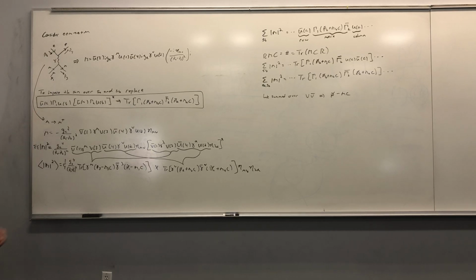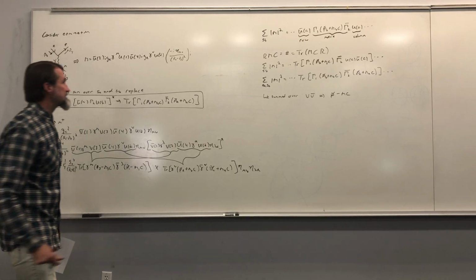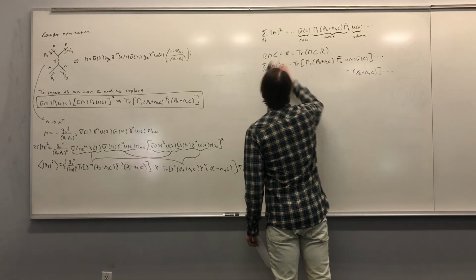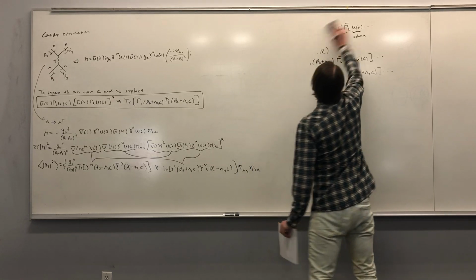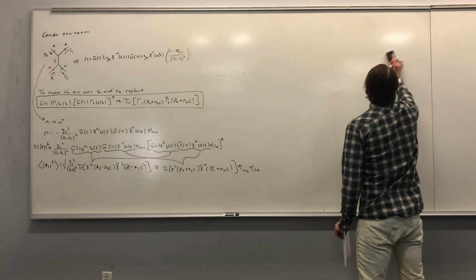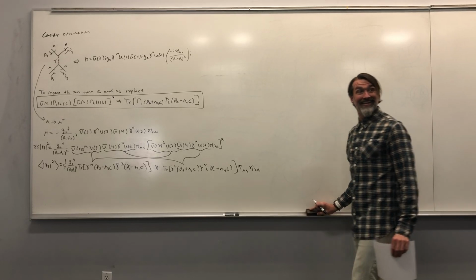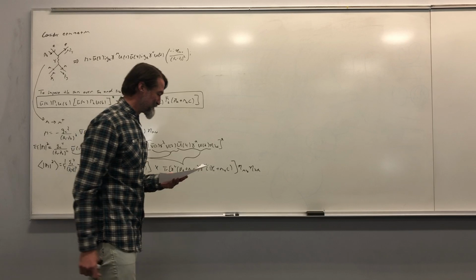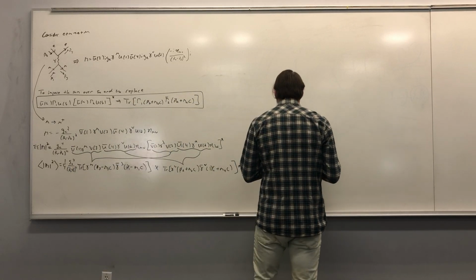All right, let's dive in. We've got to evaluate these traces. And the news is good, because it turns out that you know exactly how to evaluate these. Isn't that awesome? You guys know how to do it? Let me remind you.